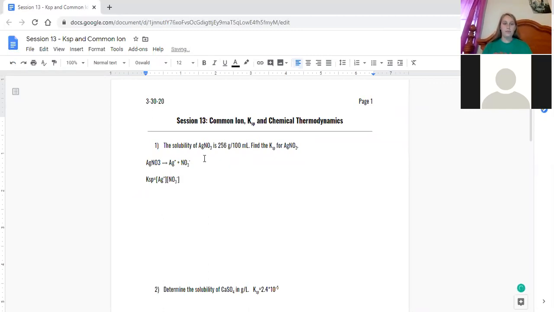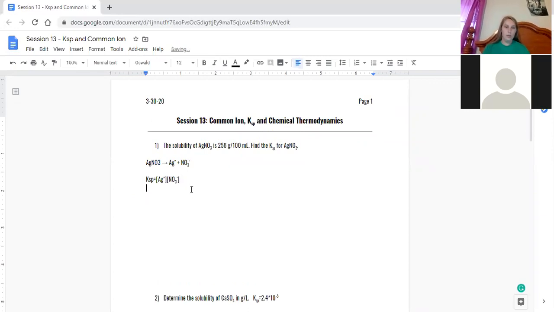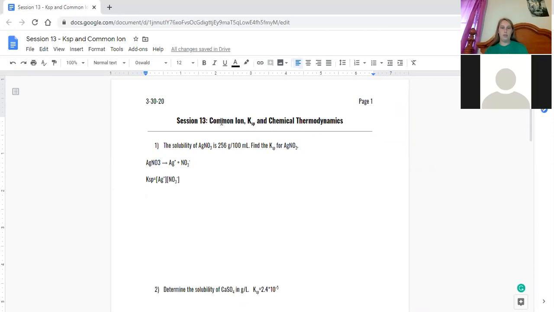And we're trying to figure out what the solubility is. So we have to look at what we do know. We know the solubility of this here, and we're trying to find the Ksp.